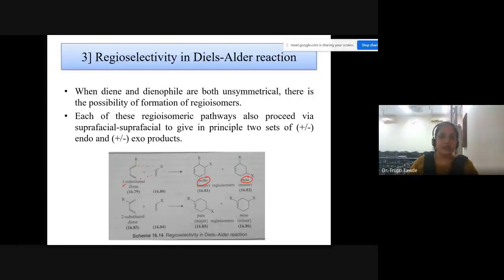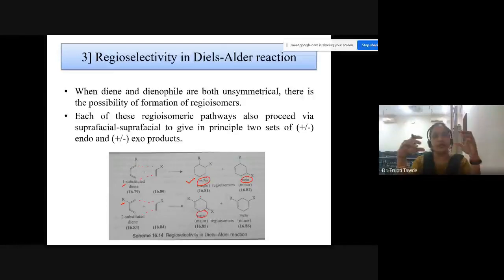Generally it is observed the ortho product is a major product compared to meta. Similarly, when I have a two substituted diene, X either up will become a meta type of compound, and if X is down it will be a para type of compound. Of course there para is a major product compared to meta.